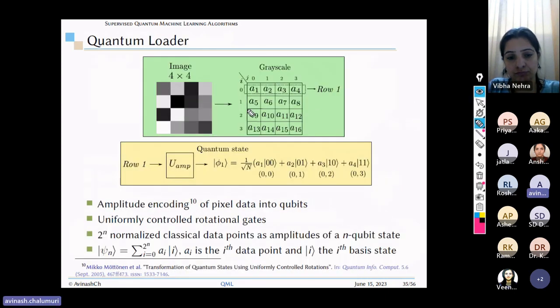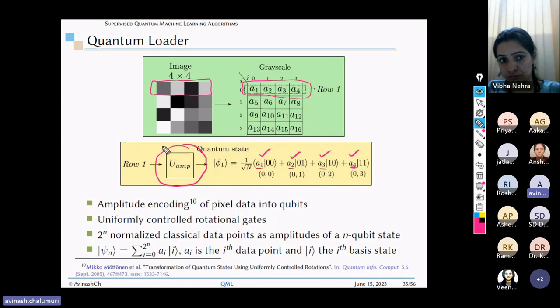To simply explain how it is done: if you have an image like a 4x4 image, all the pixels are considered, say A1, A2, A3, and A4. We prepared a unitary in such a way that A1, A2, A3, A4 are represented as amplitudes of the quantum state in superposition.